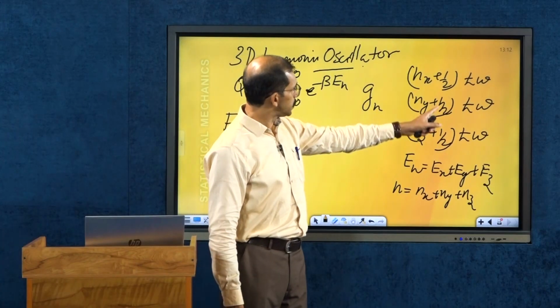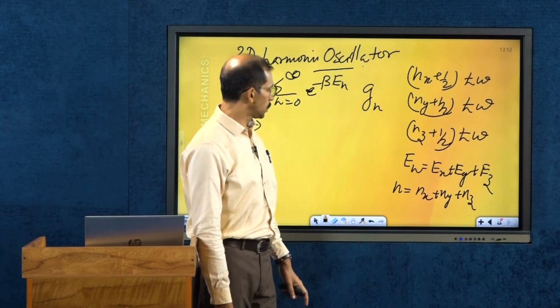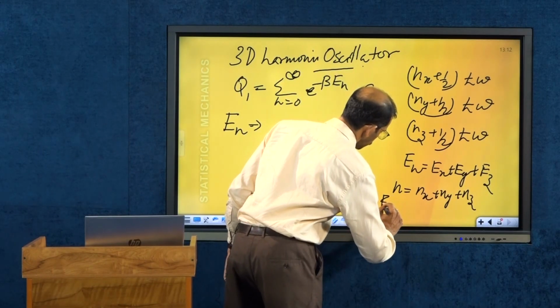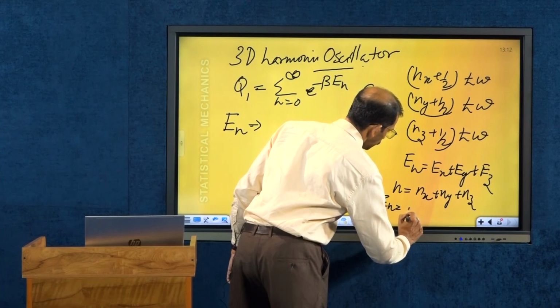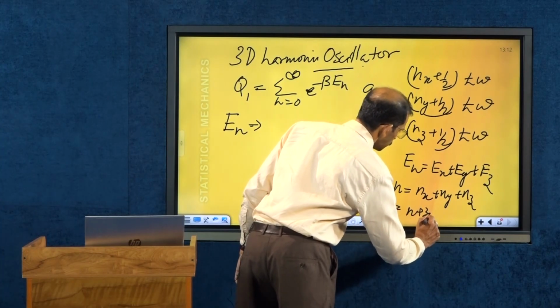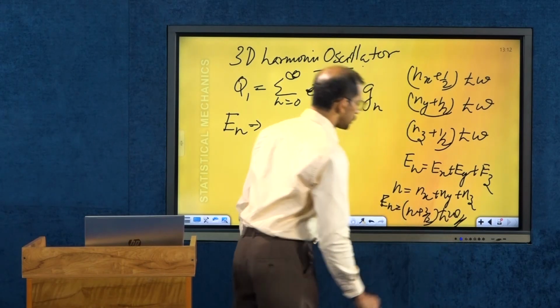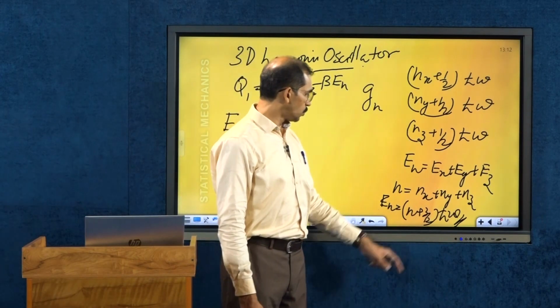And I have half plus half plus half, which is 3 by 2, right? So therefore I can write the expression for En as n plus 3 by 2 h cut omega.